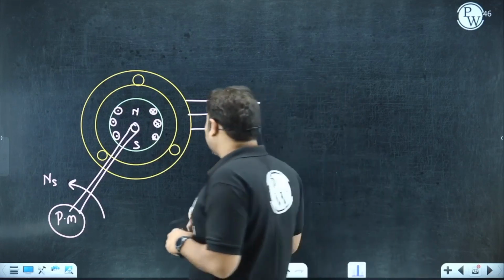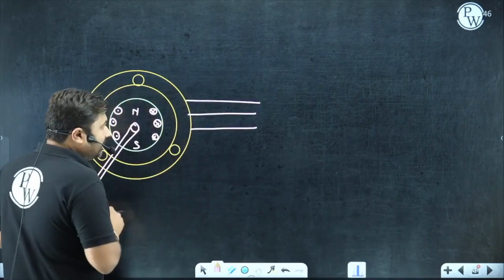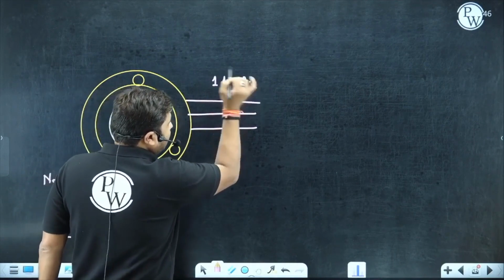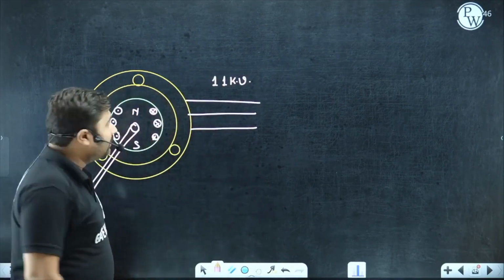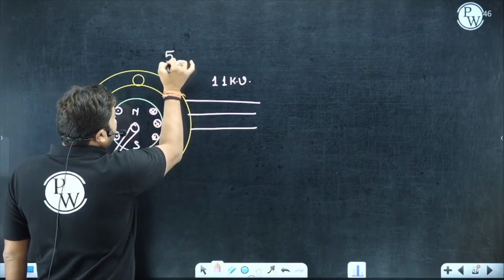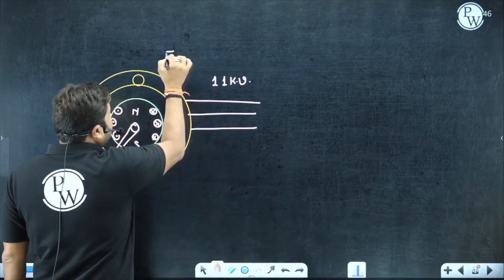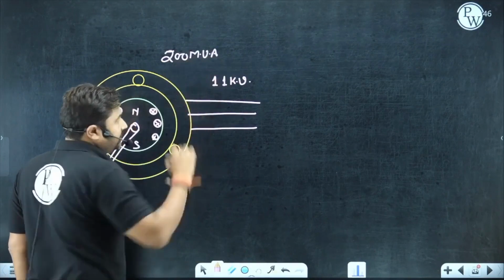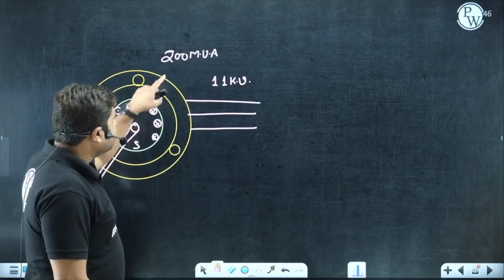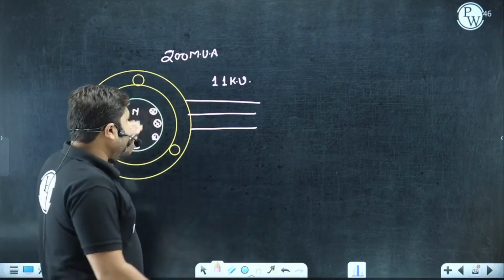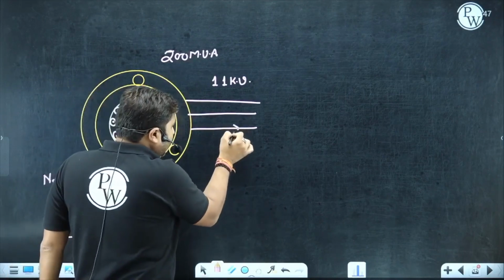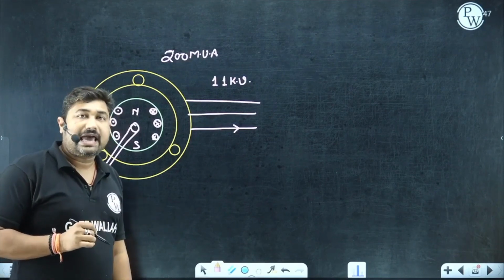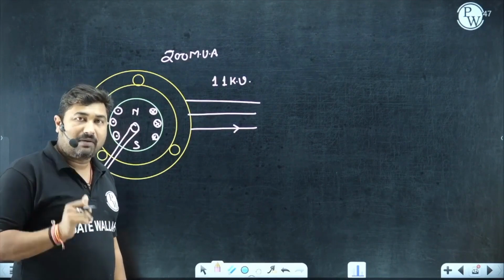Now please observe, I have a synchronous generator, and let us suppose this synchronous generator is generating voltage at 11 kV, and the generator rating is 200 MVA. So this generator generates 11 kV voltage and 200 MVA apparent power.